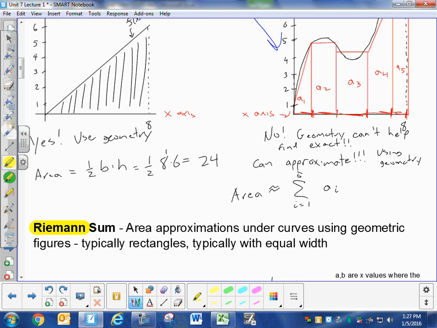An alternate definition of a Riemann sum is a systematic way of approximating areas.